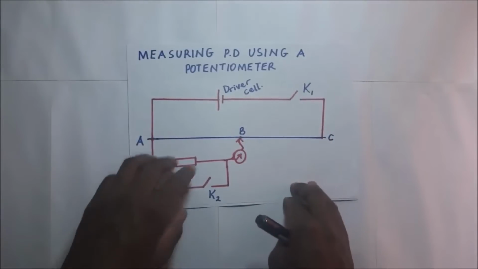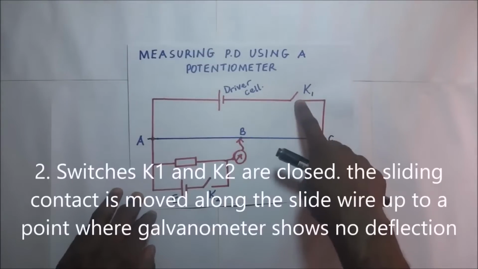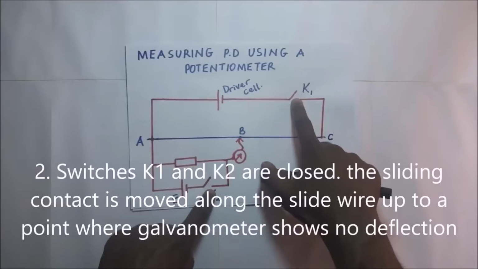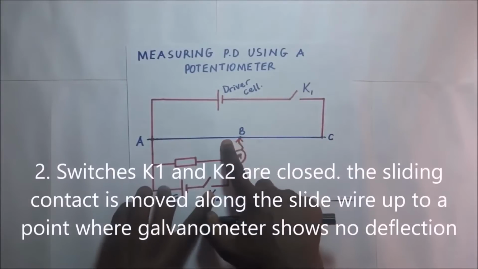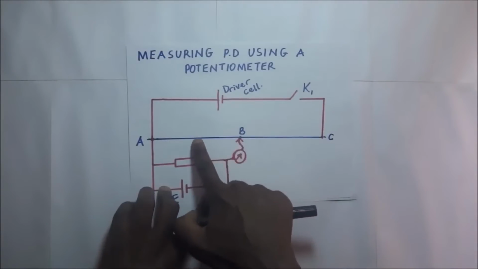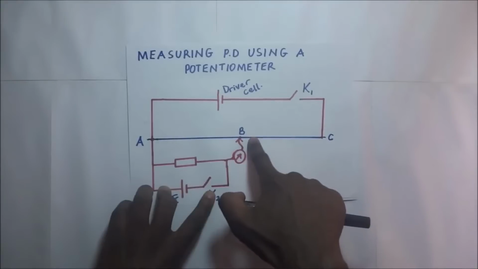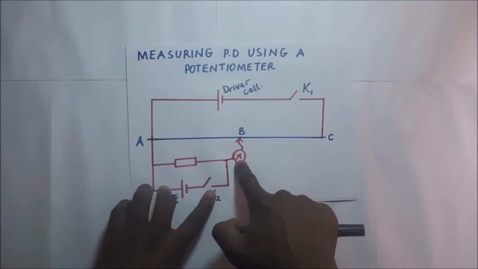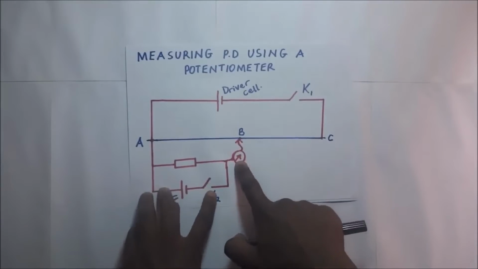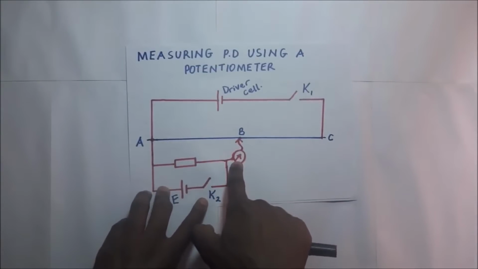After connecting our potentiometer circuit as shown, we shall close switch K1 and switch K2, and the galvanometer will deflect. We shall move this sliding jockey along the potentiometer wire, and stop at a point where the galvanometer shows no deflection. When the galvanometer shows no deflection, it means there is no current going through the galvanometer, and therefore no current going through the secondary circuit.